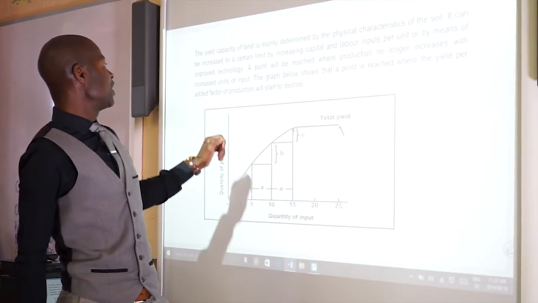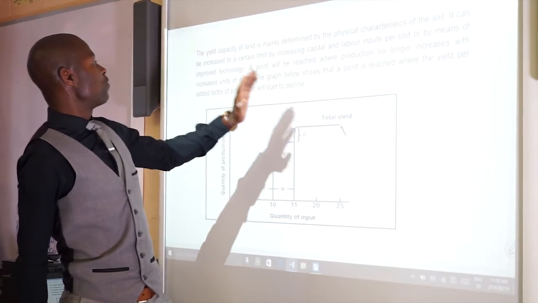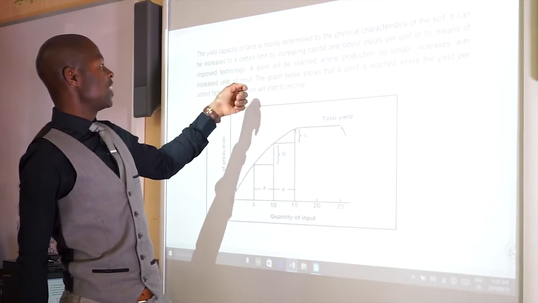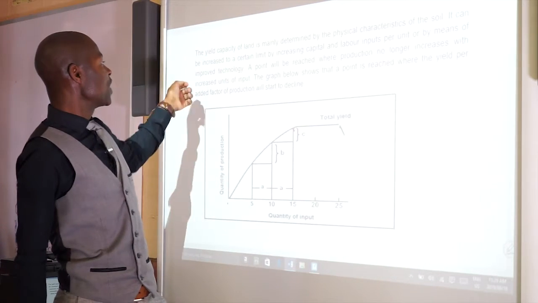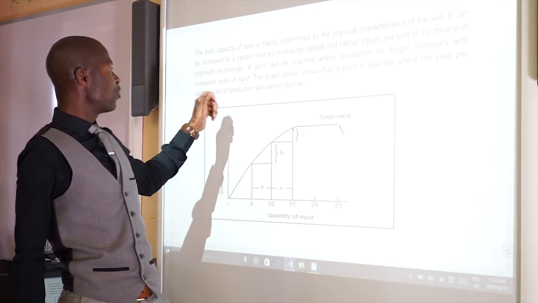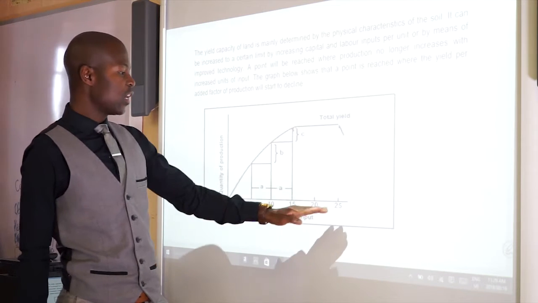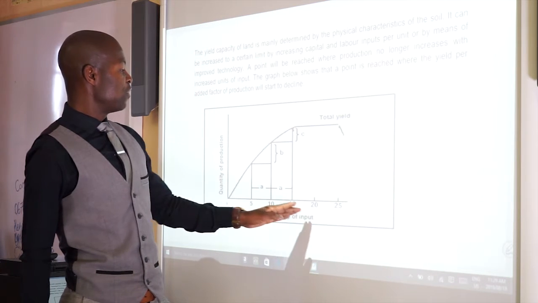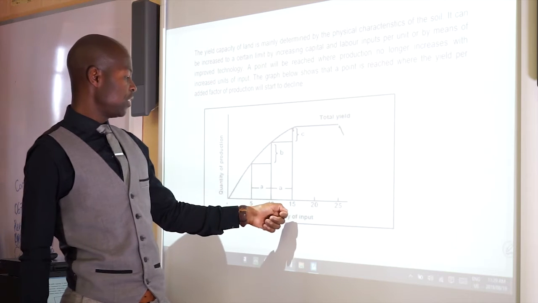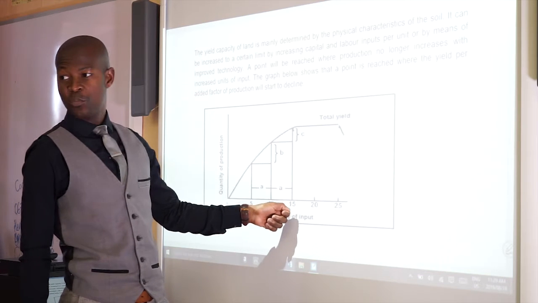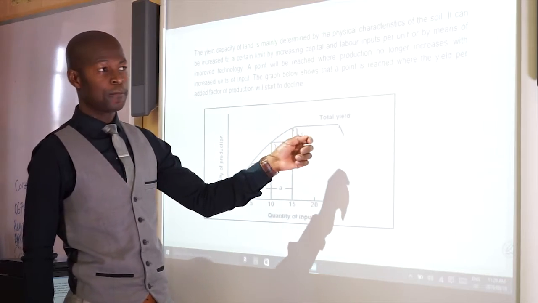So it says here, if we are to read it word by word, I'll start from here. It says a point will be reached where production no longer increases with increased input, or units of what, of input, as we can see that 25 and 15 is the same, because it is said that 15 is the maximum of inputs that you can have, but it can no longer produce beyond that.